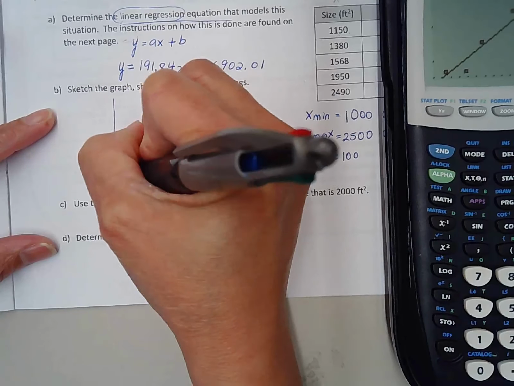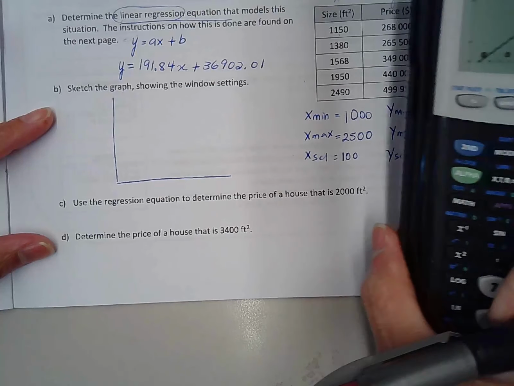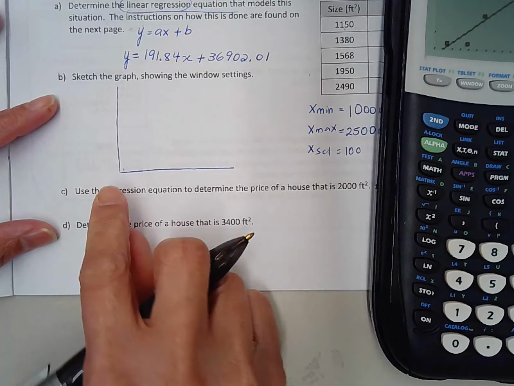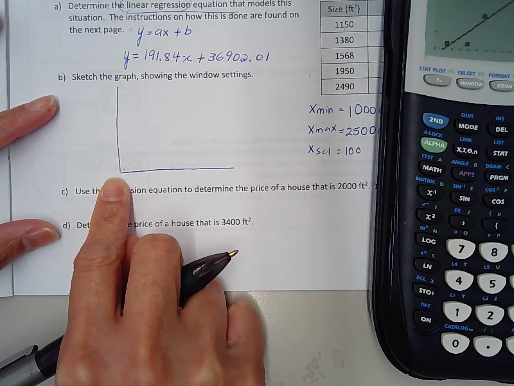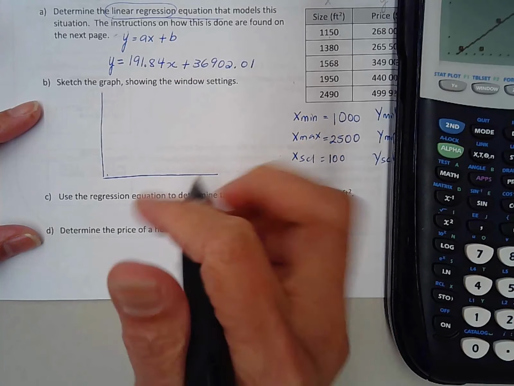So now what we're going to do is sketch our graph here. Just sketch it. We know how to graph now. We've spent a few days on graphing. Now, we didn't start at 0, 0. We started at 1,000.